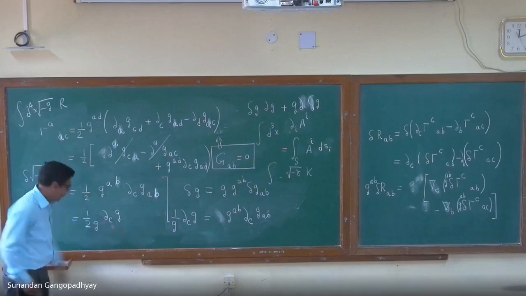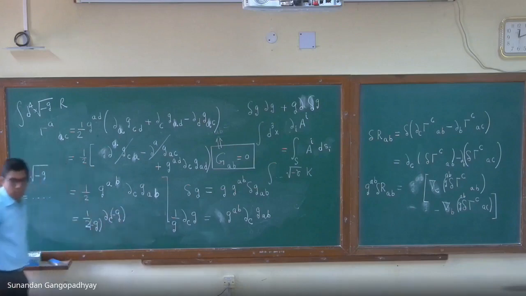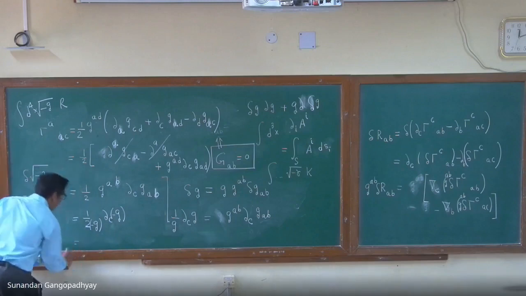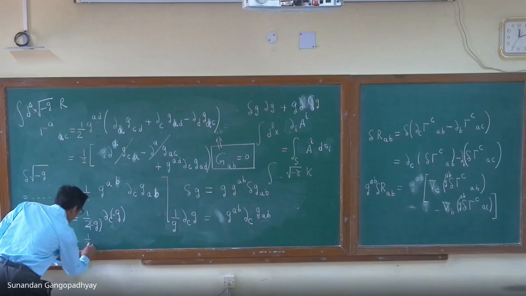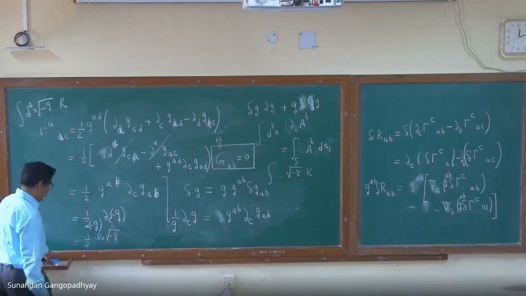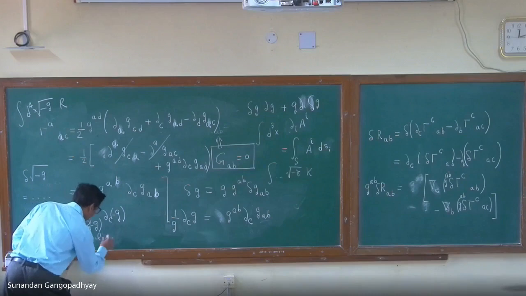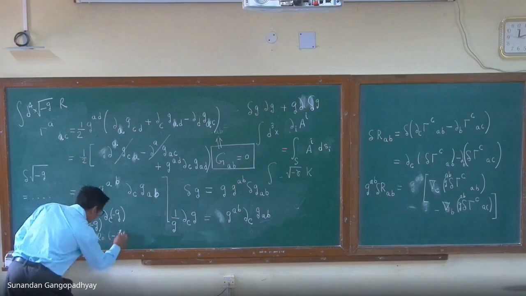If I want to make it positive, the minus G, and you can write this now down as half ln of minus G.